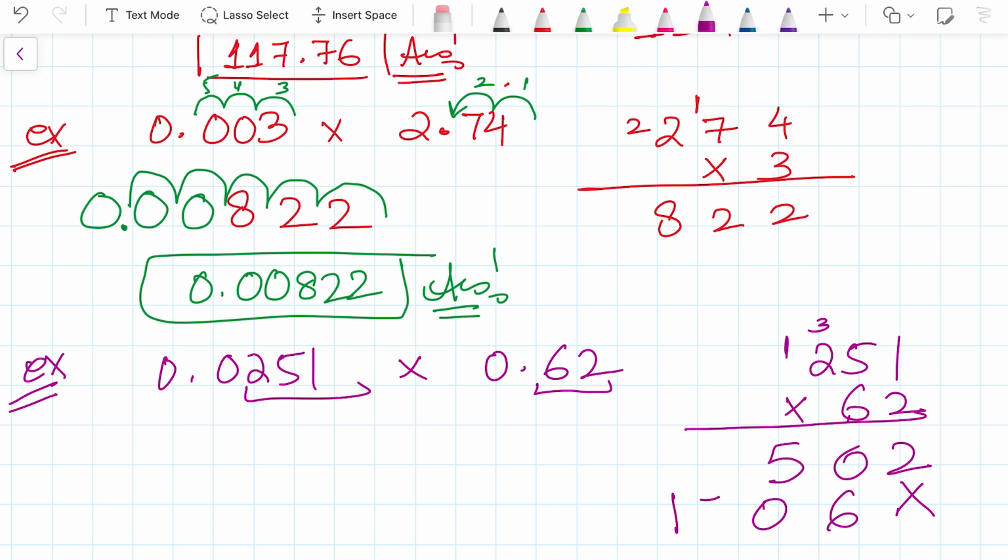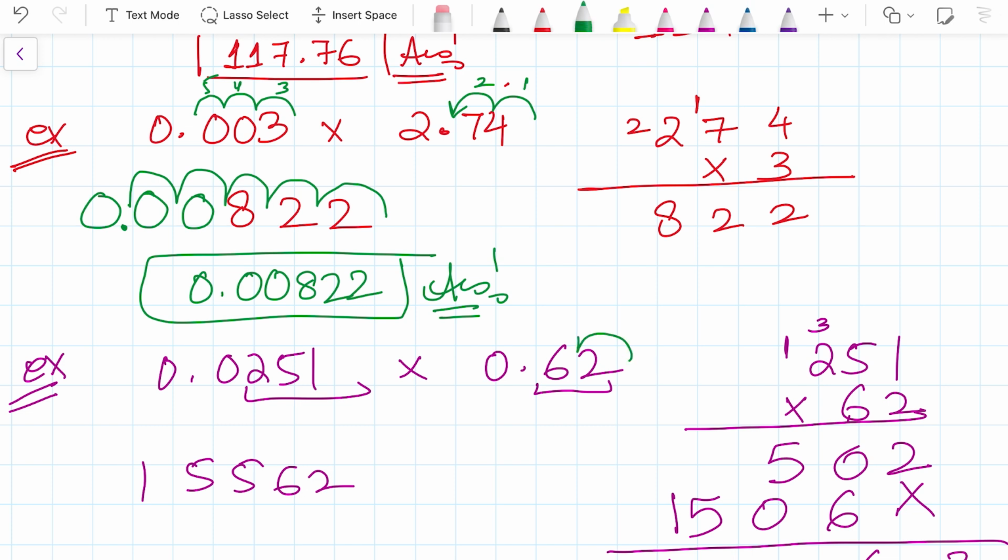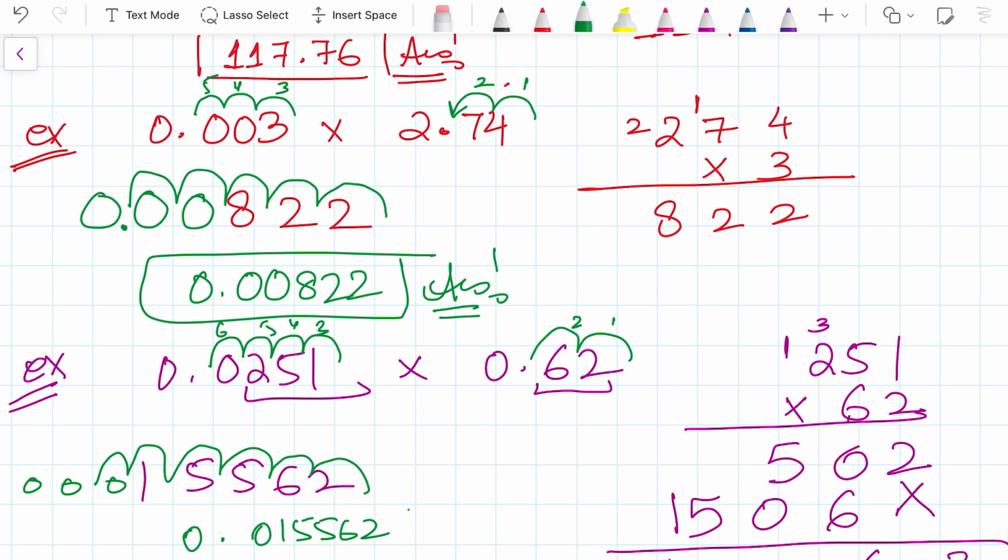The product is 15562. Let's see how many decimal places we have to move back. 1, 2, 3, 4, 5, 6. So I'm writing some extra zeros here. That is going to be my answer.